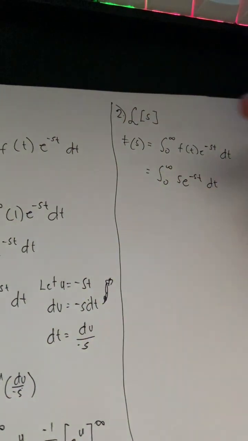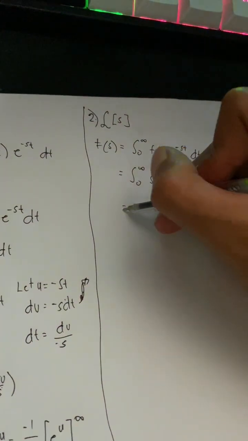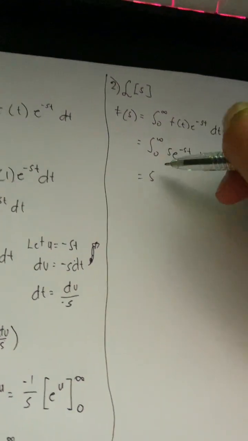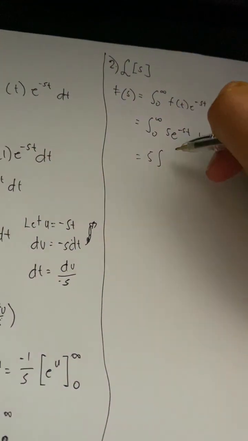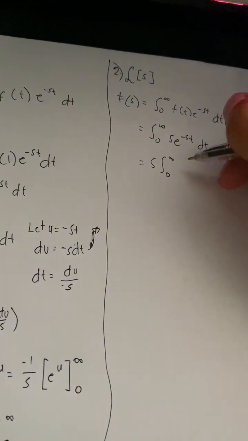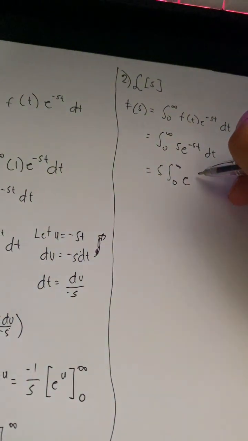We can factor out 5 from the integral sign, so we have 5 times the integral from 0 to infinity of e raised to negative st dt.